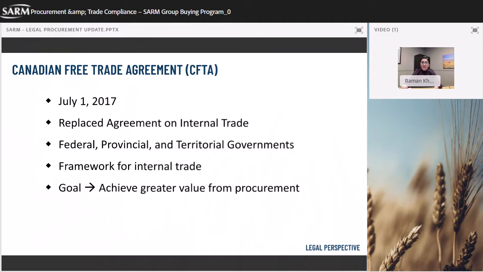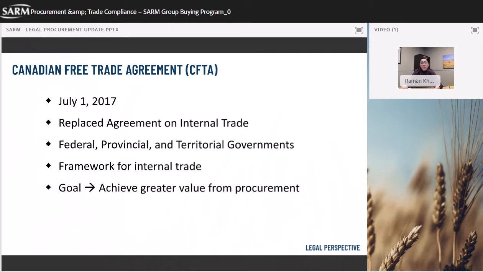It brings Canadian jurisdictions in line with provisions that are similar to the regional agreements that we were seeing, the more modernized agreements, such as the NWPTA. Building upon its predecessor, the CFTA establishes a more clear and comprehensive modern framework for internal trade within Canada.